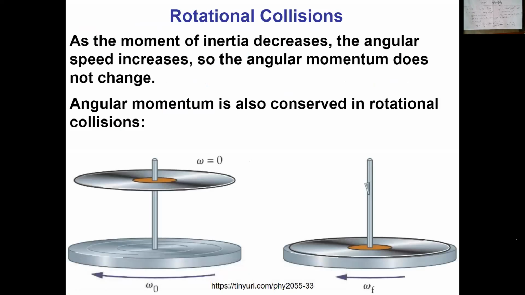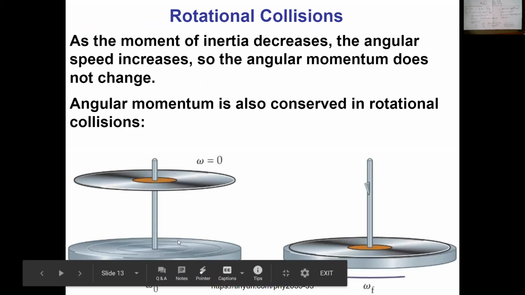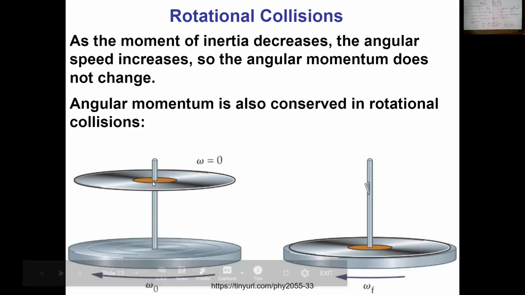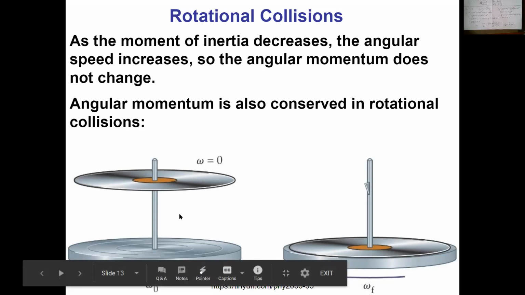Next we are going to look at collisions during rotational motion. For example, you probably haven't seen a player like this. It's like you have a CD and then a CD player with a turntable. You put this in and then it will play music, with a reader.